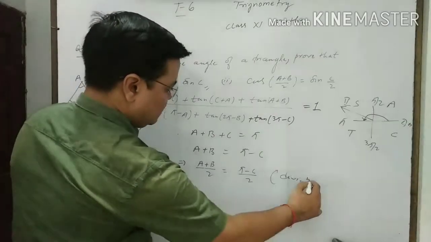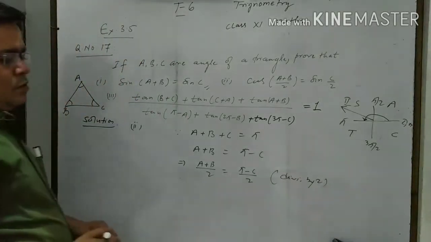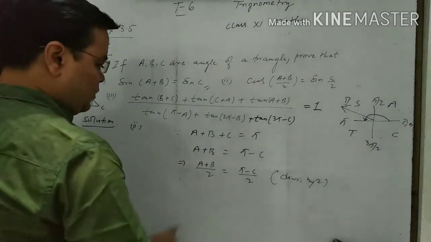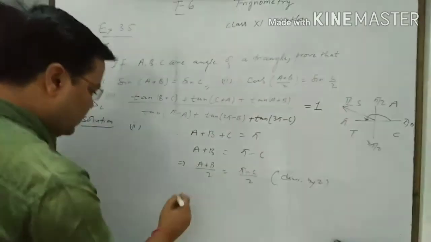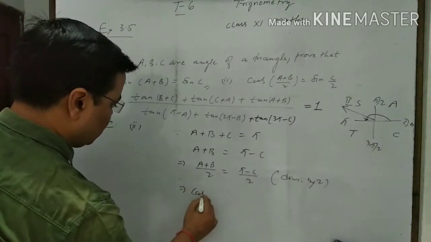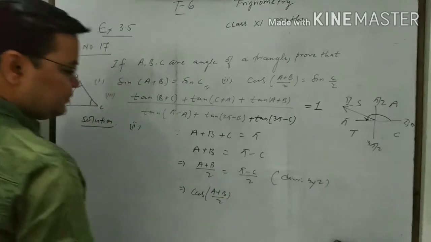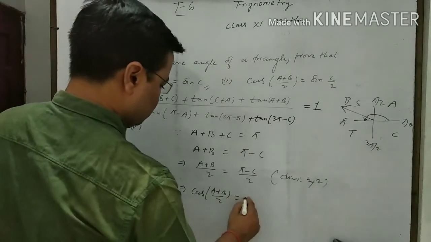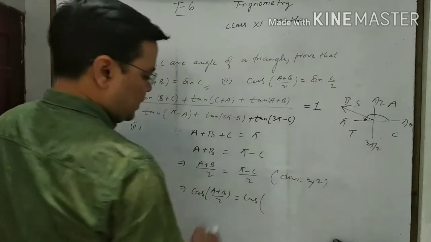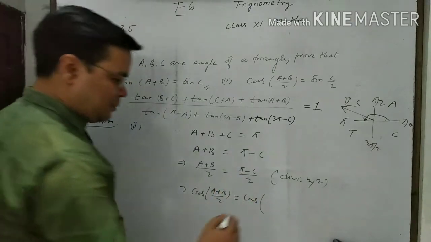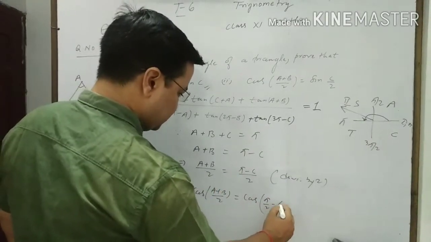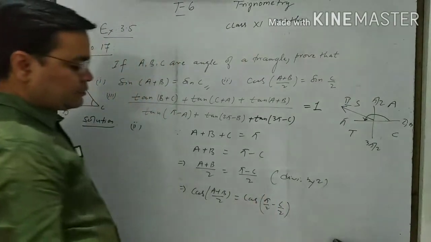What do we have to prove here? Cos. Then take cos of both sides. Then cos((A + B)/2) = cos((π − C)/2), which we can write as cos(π/2 − C/2).